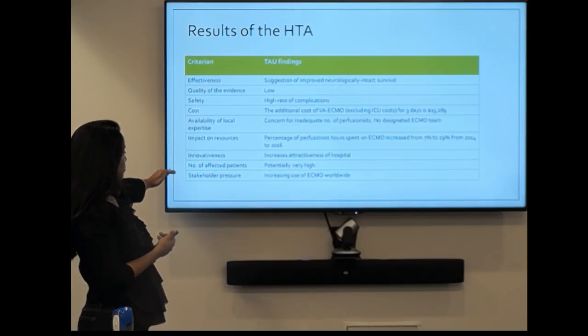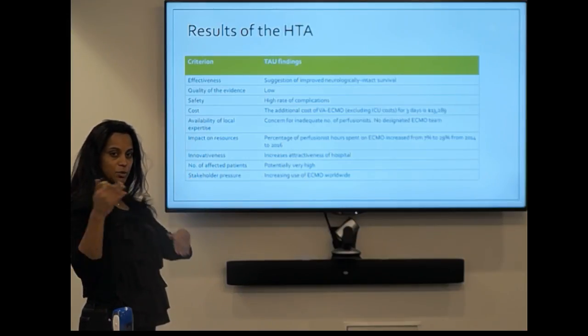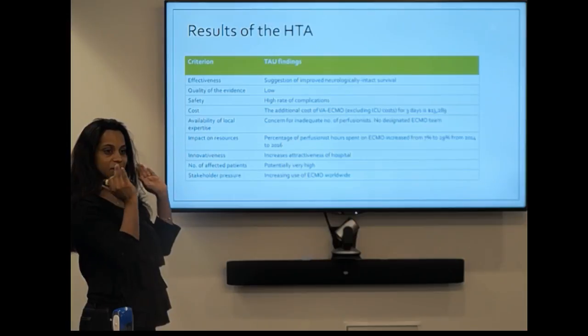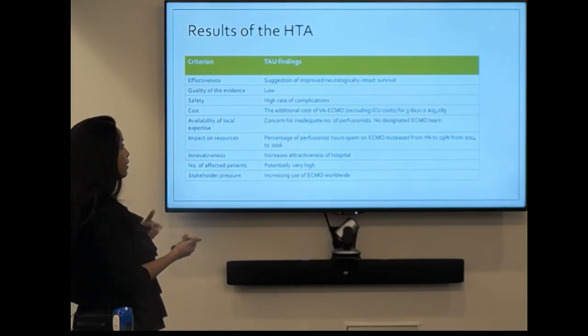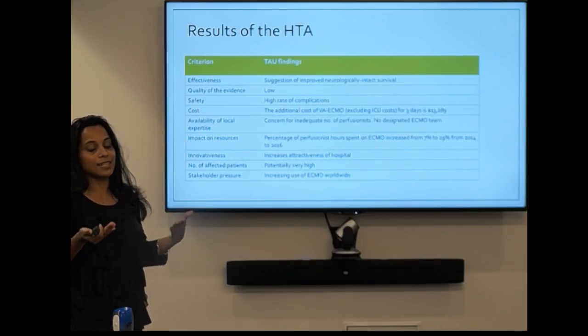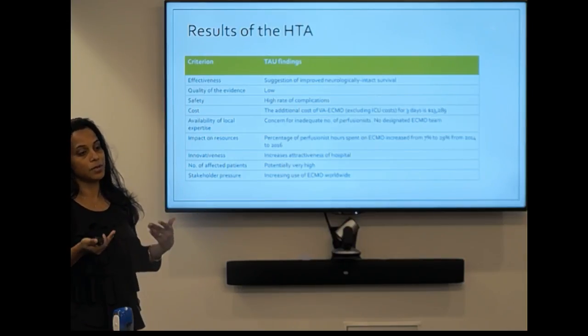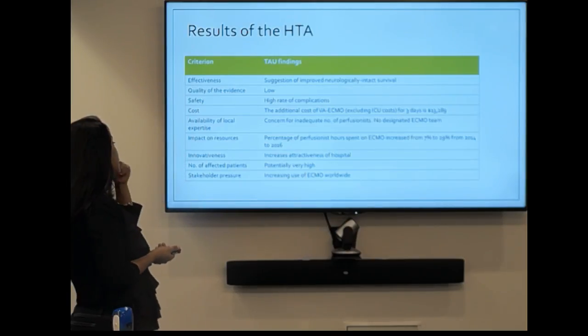However, there's the innovativeness of ECMO. If you have a cardiac arrest, do you want CPR or do you want this awesome fancy sounding ECMO thing which may keep you alive? It has an ability to attract patients or attract healthcare professionals who are training in this technique.